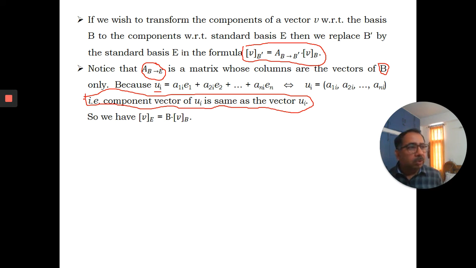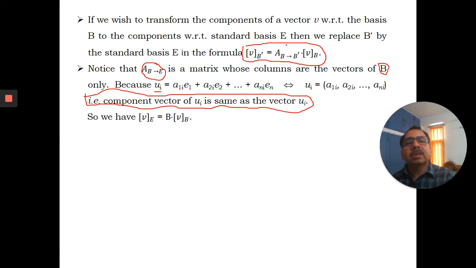So if you are using a standard basis and you want to write the components of a vector with respect to the standard basis, then the vector itself is the component vector. So v is vb if b is the standard basis.